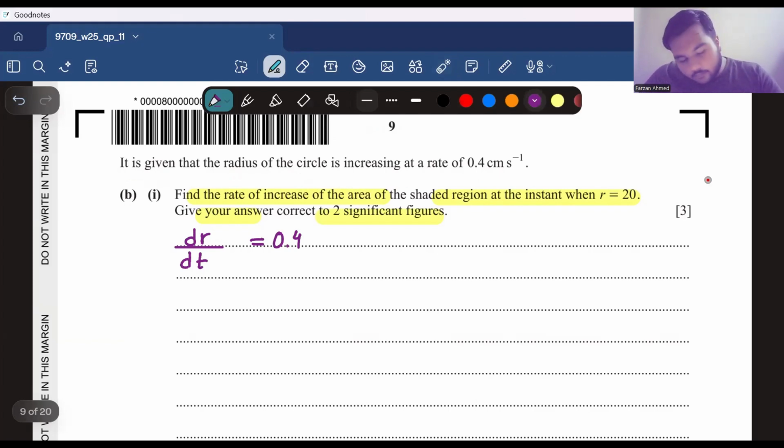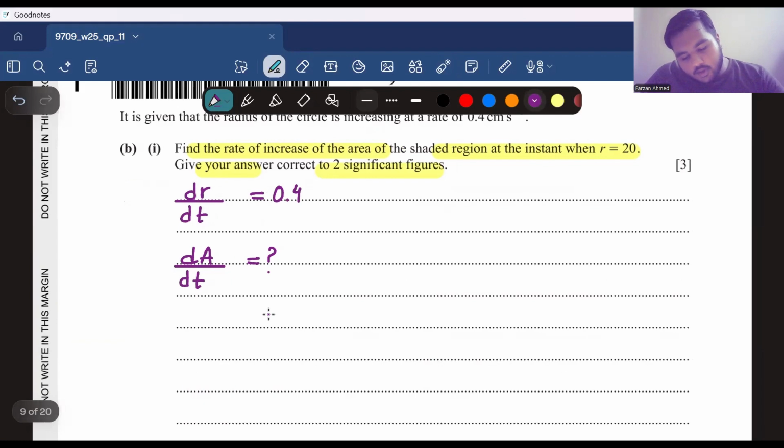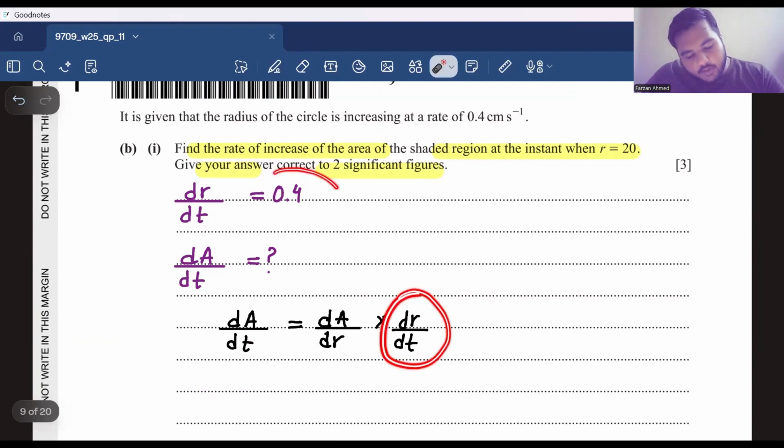Now in the question we have to find dA over dt. Now we will make an equation: dA over dt is equal to dA over dr multiplied by dr over dt. Now we have dr over dt, which is 0.4, and we have to find dA over dr.